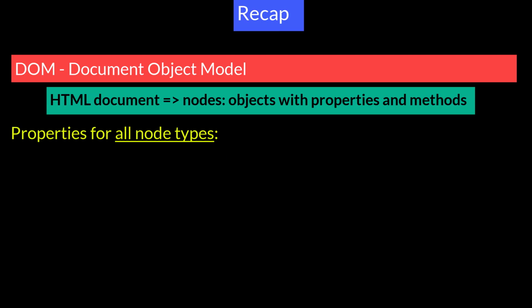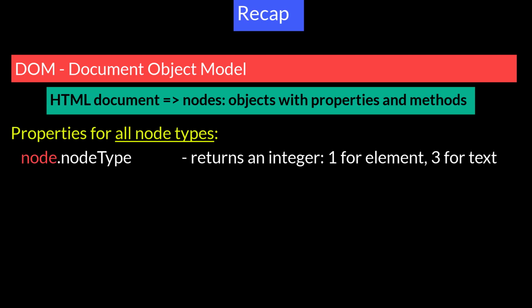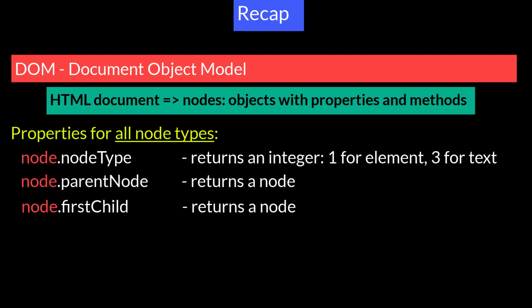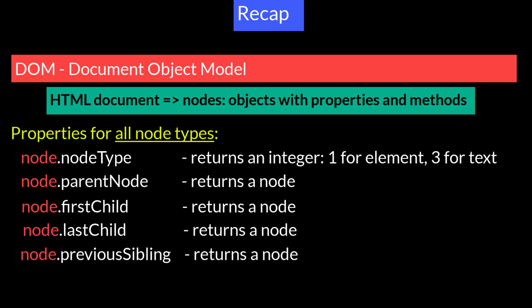Now these properties apply to all node types. Node.nodeType returns an integer, 1 for element type, 3 for text type. Node.parentNode returns a node, firstChild returns a node, lastChild returns a node, previousSibling returns a node, and nextSibling returns a node.